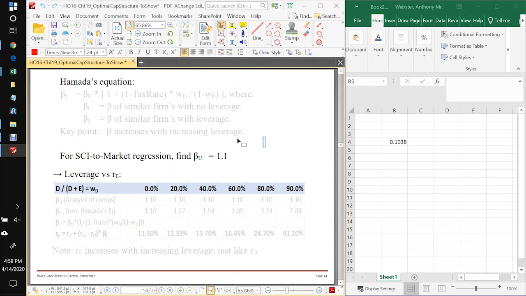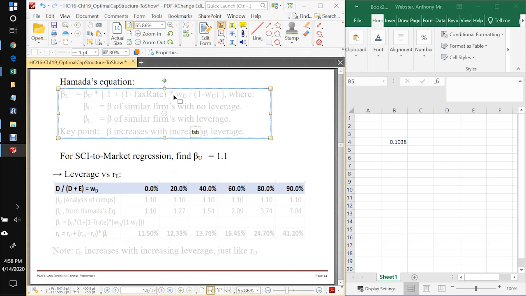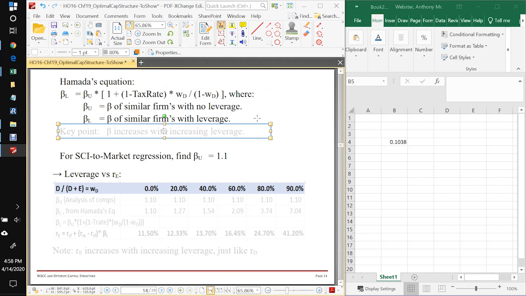And then we're going to use Hamada's equation, which I did bring up briefly in the previous chapter, and I promised you that you would not have to compute things with Hamada's equation. That's still true, but it's central to what's going on here, so I want to show it to you and show you how it works.